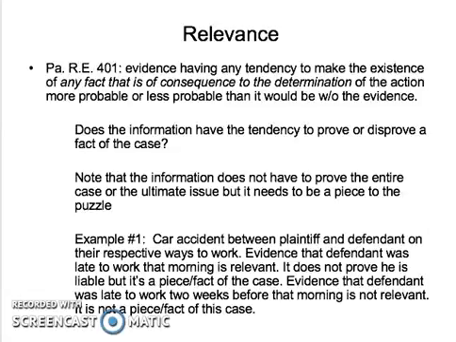So the example there, you have a car accident between plaintiff and defendant, and you offer evidence that defendant is late to work every morning. Is that relevant? It might be relevant if defendant runs late, if he's in a hurry, if he's rushing, that might be relevant information. It does not prove that he is in fact liable in this case, but it might be relevant to a fact of the case.